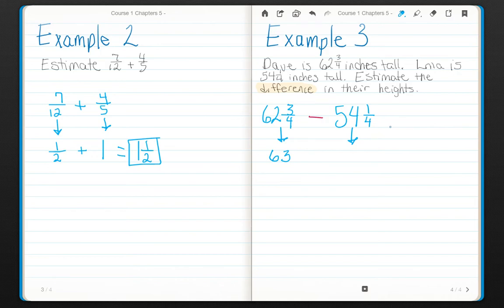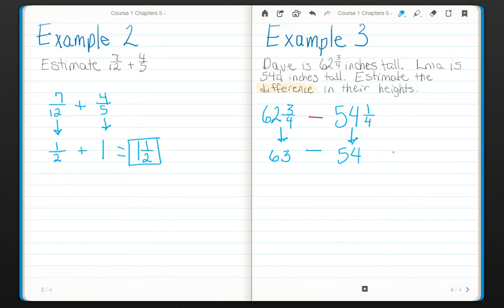We're going to go ahead and round a fourth down, partly because I have a large number. I want to leave this as whole numbers. It's just going to make it a little bit easier. If I just had 3/4 and 1/4, I would probably round 1/4 up to half. But because I have 54 inches, I'm going to go ahead and round it down to a full 54. When you are working with whole numbers versus very small individual fractions, you can use your best judgment.